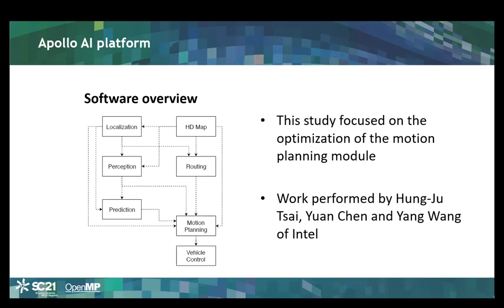The motion planning decides what will be the next motion of the vehicle, and that is passed to the vehicle control. So this study focused on the optimization of the motion planning module. Note that this was performed by Hongyu Tsai, Yuan Chen, and Yang Wang of Intel. You can find the reference to their work on the blog on the OpenMP website.